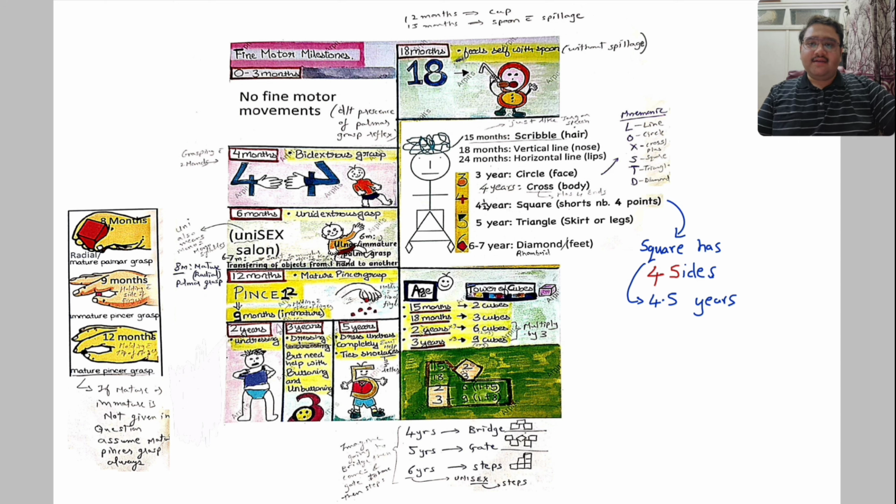Then at 2 years undressing, at 3 years dressing but needs help with buttoning and unbuttoning. Then at 5 years, baby doesn't need any help. He can dress, undress completely and tie shoelaces at 5 years.